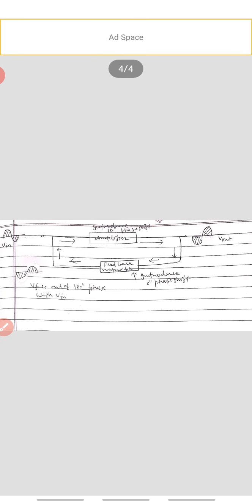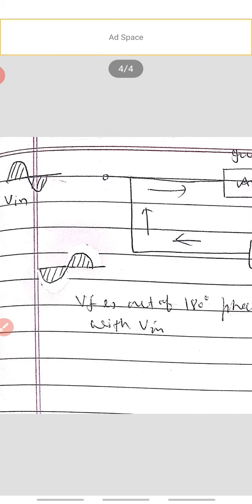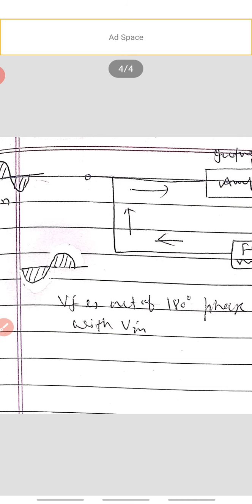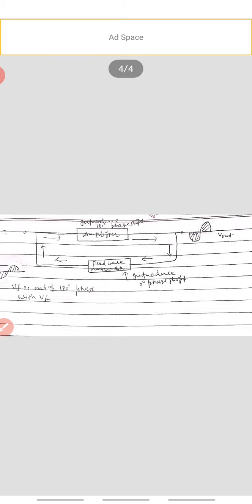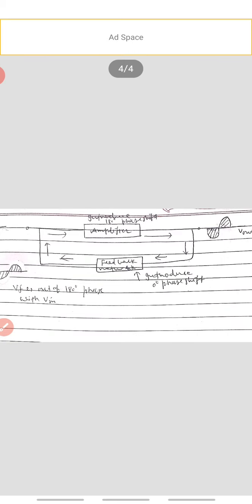And this is the diagram for negative feedback, and it is clear in the diagram that Vf is 180 degrees out of phase with Vin. In this diagram it is clear that the feedback network introduces 0 degree phase shift.